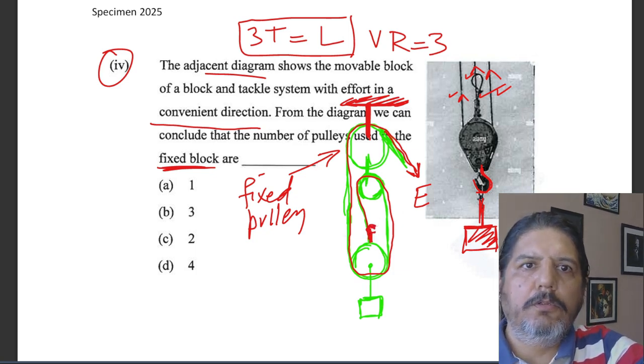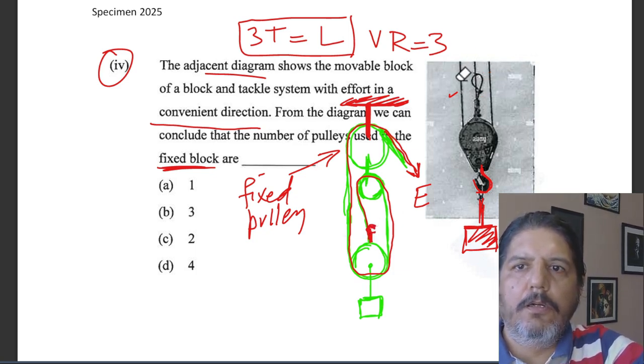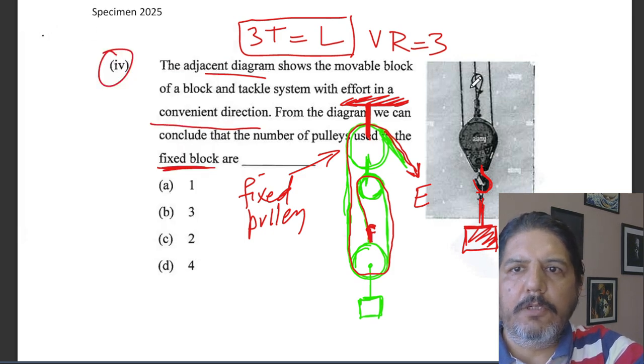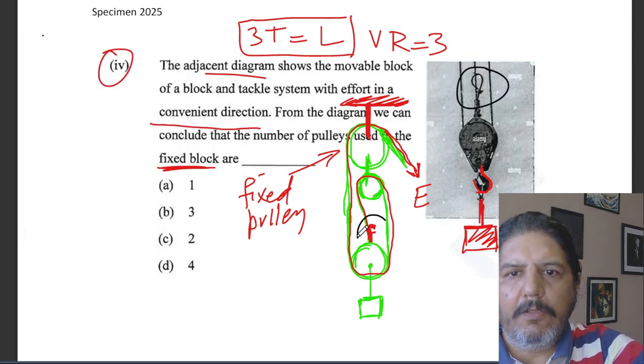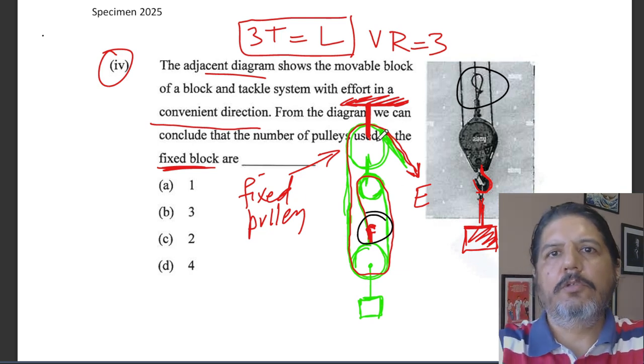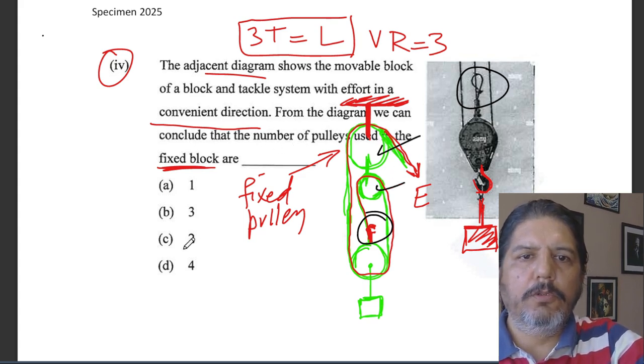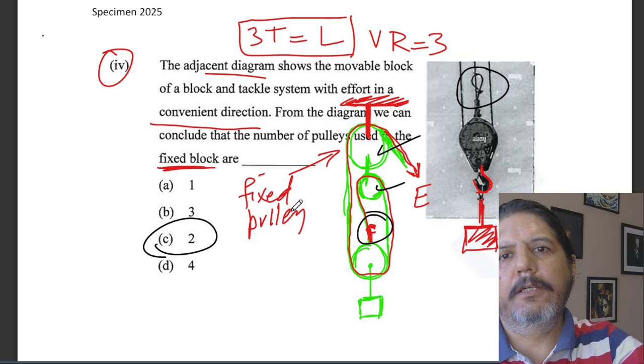So these two are the same. So this one is equal to this one. So this is how the configuration will look like. So the number of pulleys used in the fixed block are 2. So this would be the correct answer.